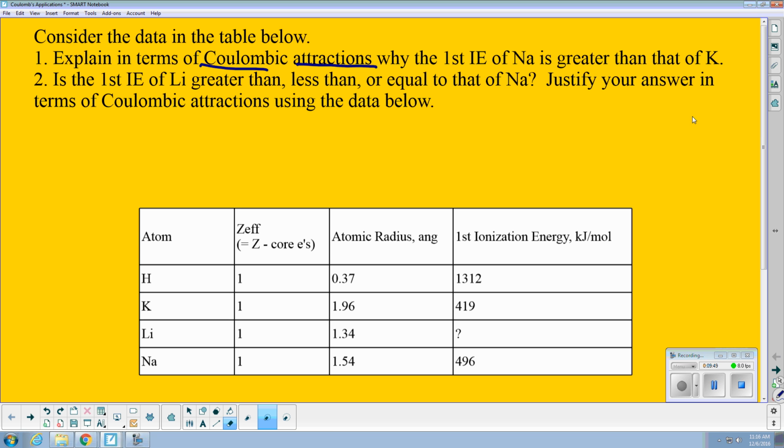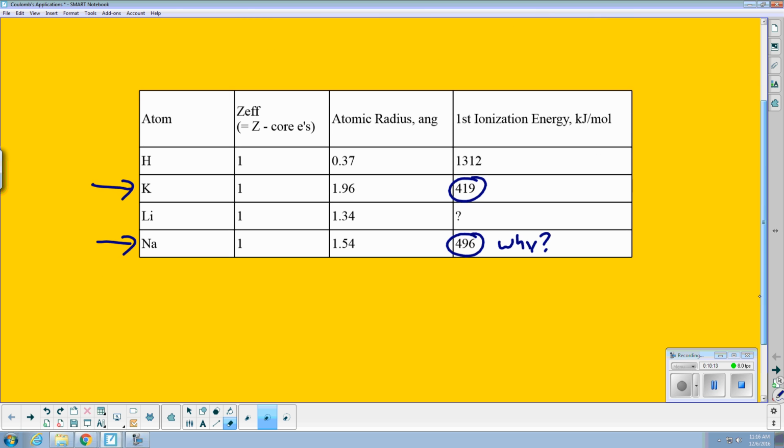So we want to explain in terms of Coulombic attractions why the first ionization energy of sodium is greater than that of potassium. So we want to look at my potassium and my sodium, and here are my ionization energies, and they ask, why is the sodium ionization energy greater than my ionization energy for potassium?